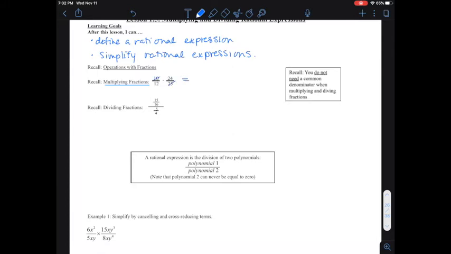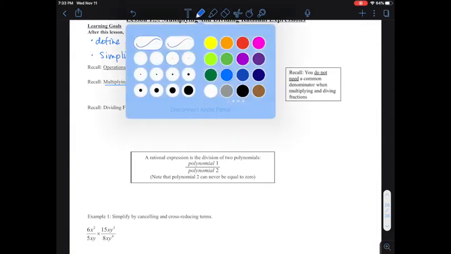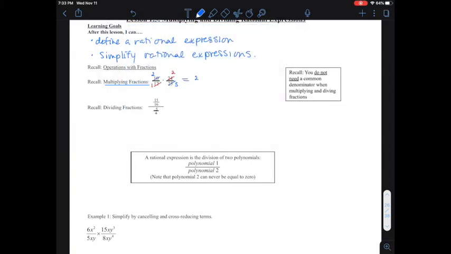Cross-reduce refers to when I cross out a numerator and denominator in different multiplied fractions. I can see that 5 divides both of these evenly. And the 24 and the 12 are both divisible by 12. So when I rewrite this fraction, it becomes a lot easier to multiply.